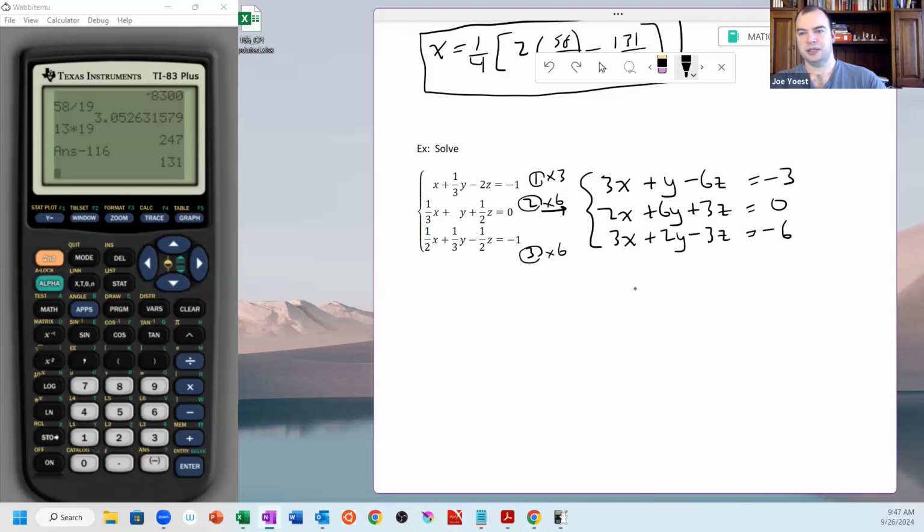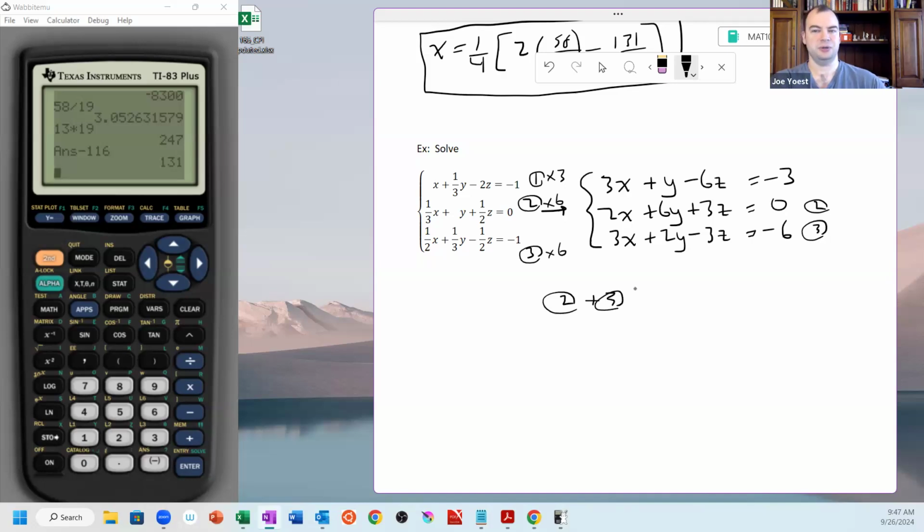So for instance, I could take equation 2 and equation 3 and add them together, and the z's immediately go away. And I can maybe take twice equation 2 and add it to equation 1, and the z's will go away there as well. So let's start with equation 2 plus equation 3.